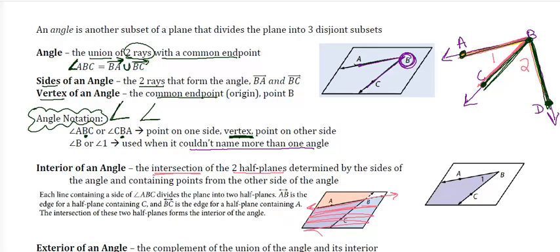Then we have this other line that goes up through here, and this is a half plane of that. Notice where they intersect. They intersect right in here. So this is the interior of your angle. That's all that's saying.